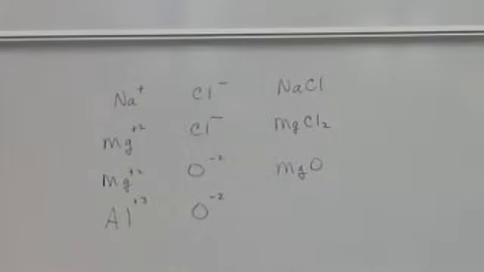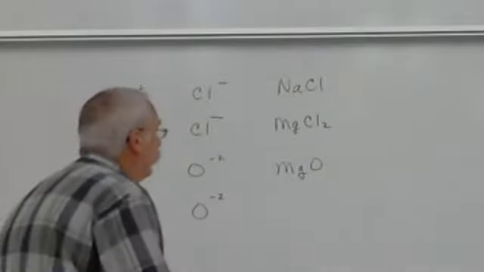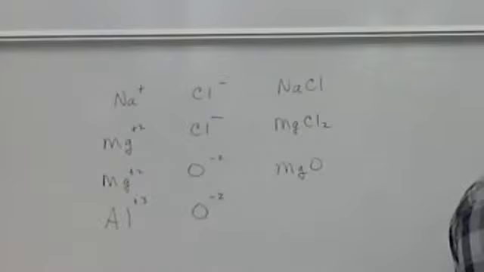I've got a +3 and a -2. What combination do I need to take those in order to achieve electrical neutrality? Will a 1-to-1 do it? No, clearly not. So how do I decide? I can't do the math. How do I figure this out? Are you looking for common factors? Yeah, you're looking for a sort of a common denominator.